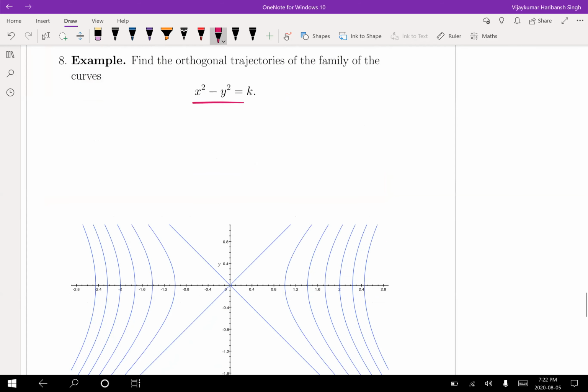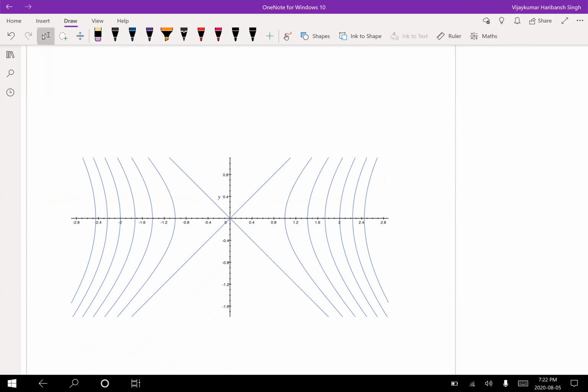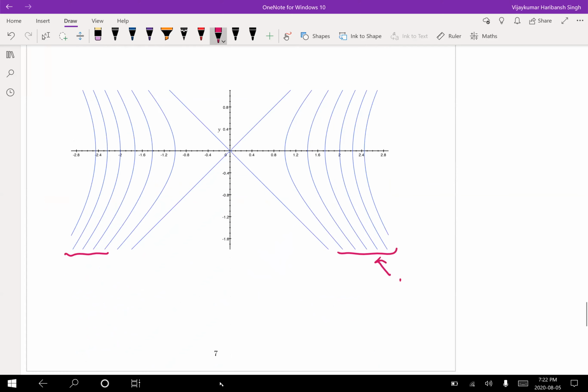So let's see, for example, these are families of curves. And now look at this one here. What is an orthogonal trajectory?